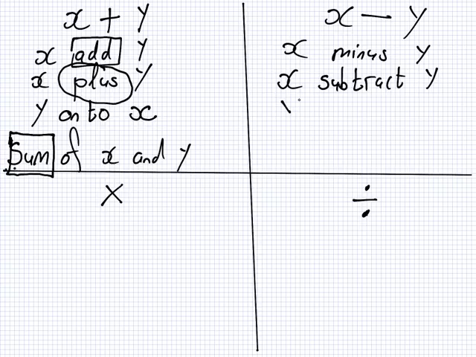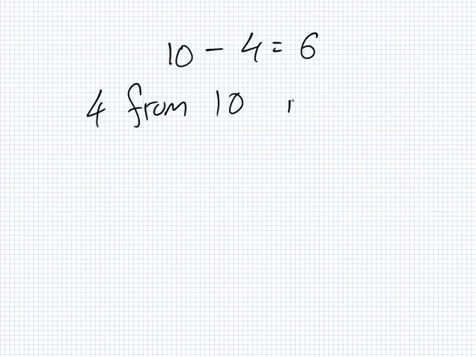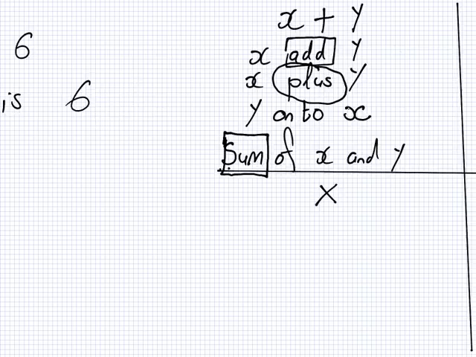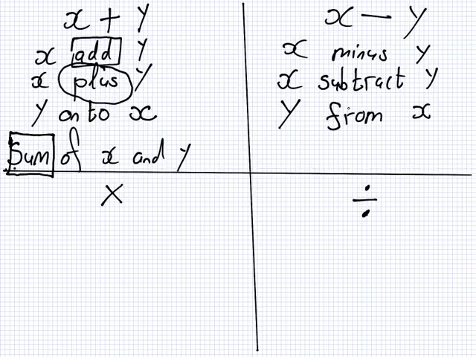You say Y from X. You say it backwards. It's strange. So for example, this, you would say 4 from 10 is 6. So you see, you have to be careful in English, because some speakers, if they say this, it's backwards.